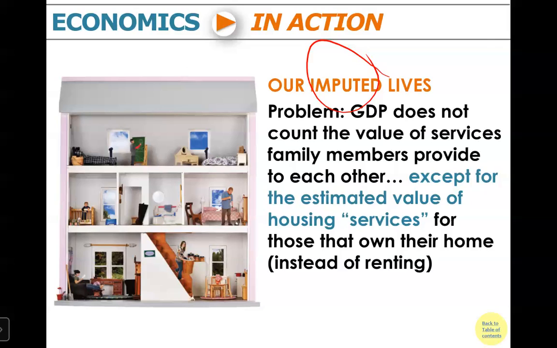Now my question for you to think about is, if you compare two countries, a rich country or advanced economy like the US versus a poor country like an African country, to what extent, or which country is more imputed than the other, and why? These questions are for you to think about, and we can discuss in the next class, right? Okay, thank you so much for your attention.